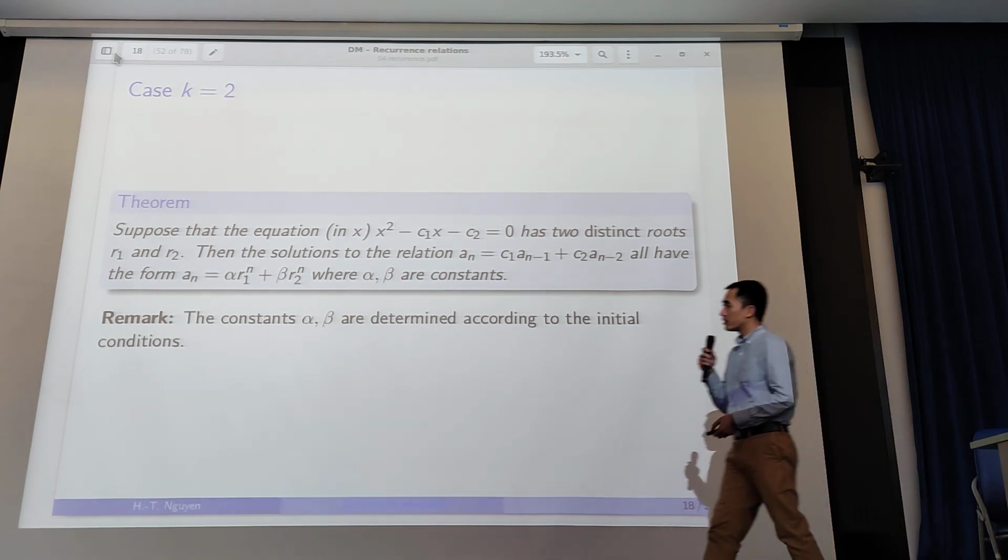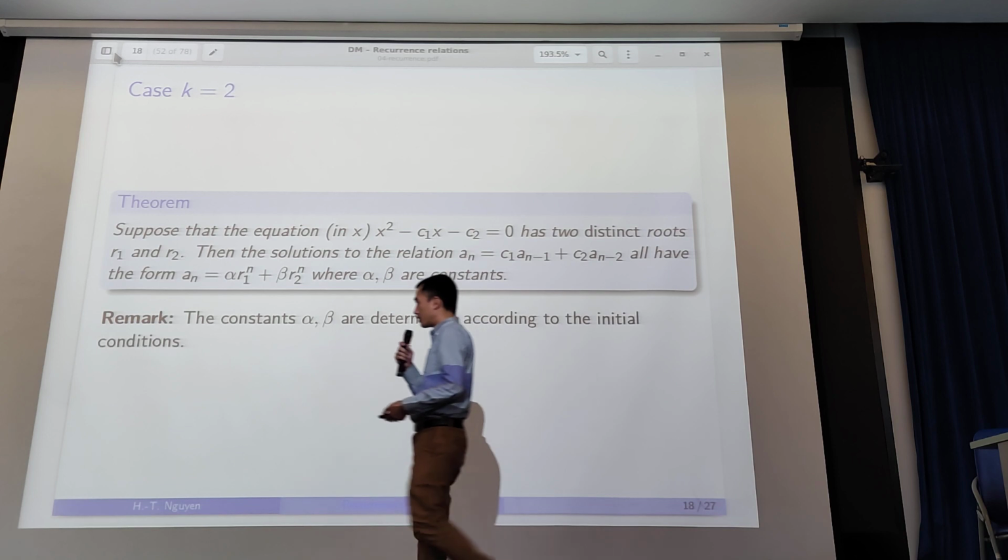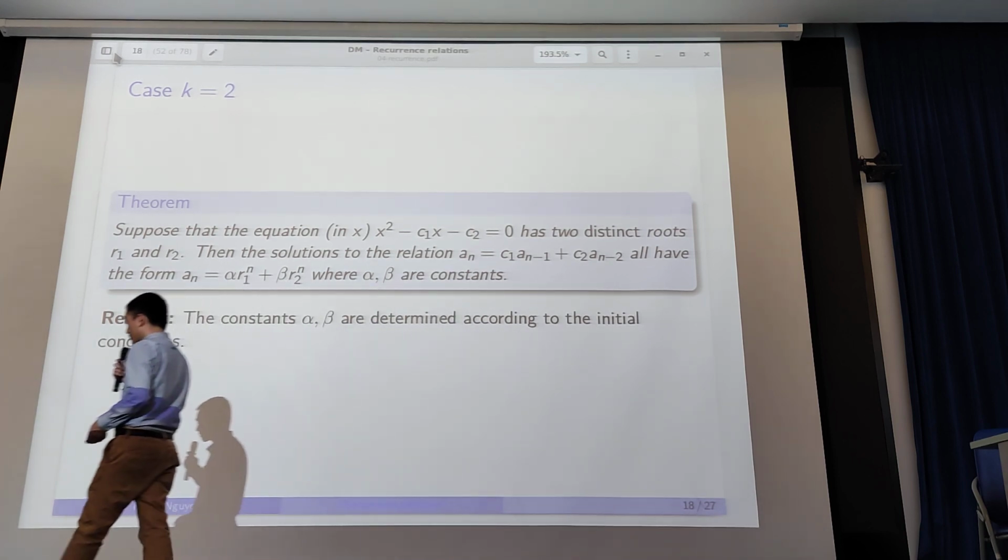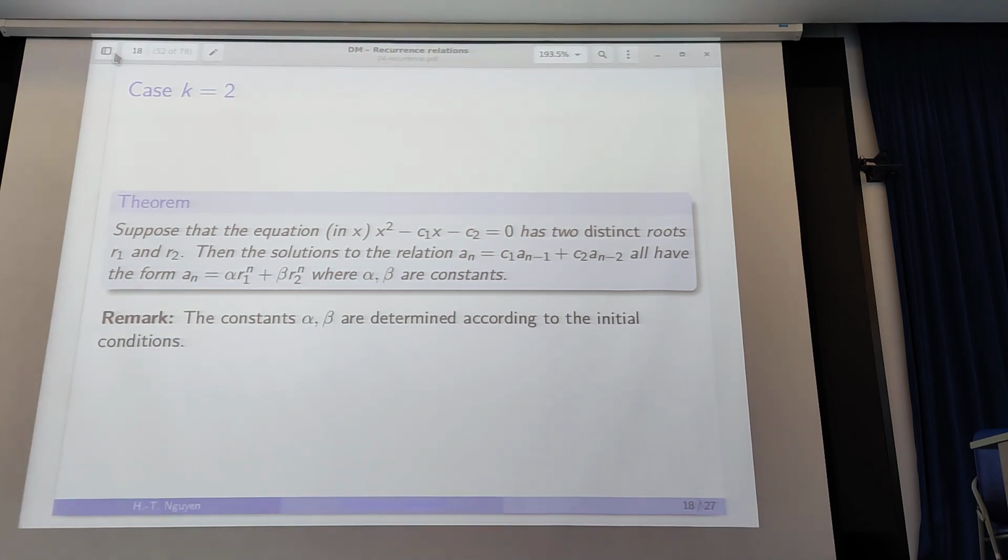Now you can see you cannot do the same for a non-homogeneous relation. That means if you have a trailing constant or another term here. If in your relation you have another term, for example, a constant C, then it will not hold true anymore.